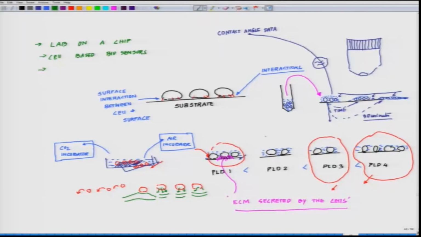Okay. So now we talked about the interaction which is possibly happening between polylysine and collagen, and polylysine and the cells which are present there. And so there are two levels.